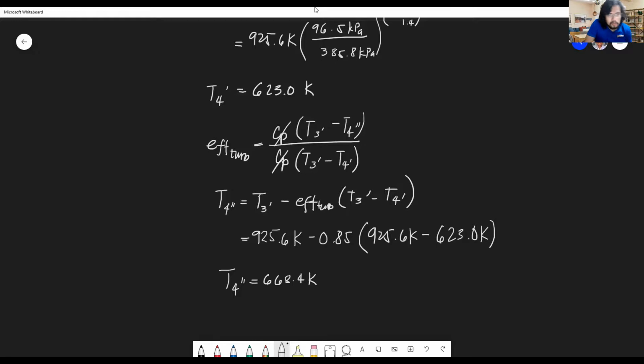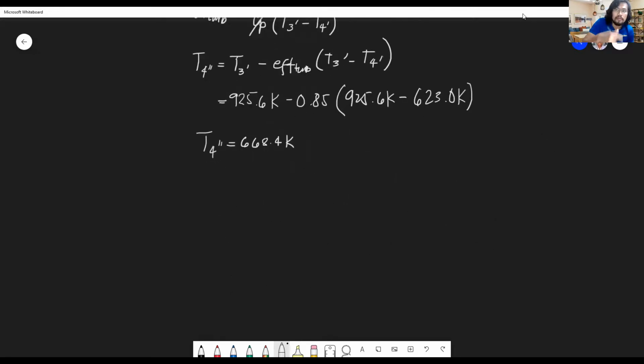Now we can solve for what? The network. The net work is going to be the work across the expander minus the work of the compressor, and it's net because you expend work to power the compressor.